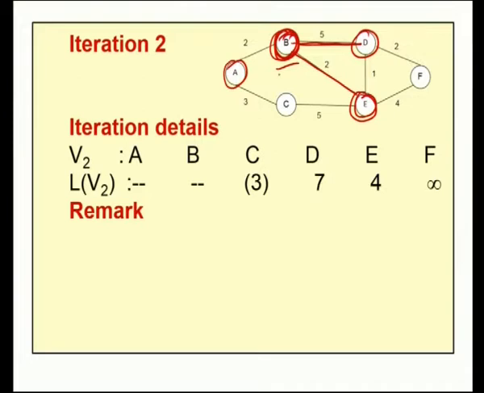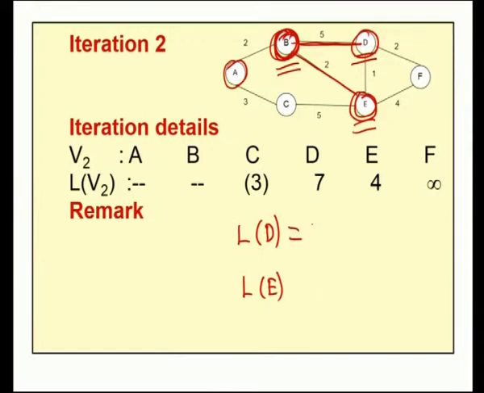Therefore, now we have to compute the labeling value for node D and node E. So, we are interested in finding L of D and L of E.